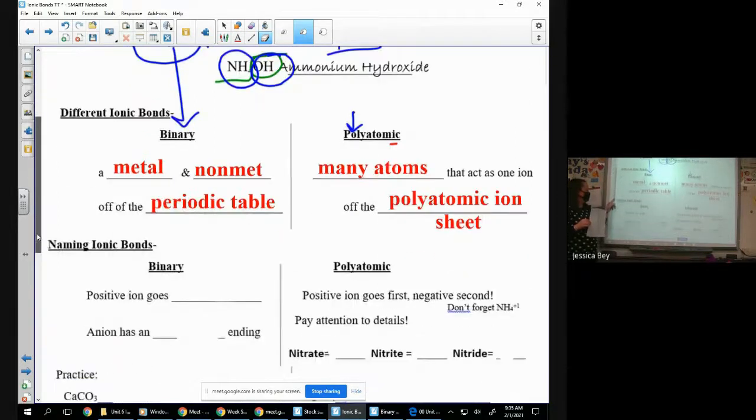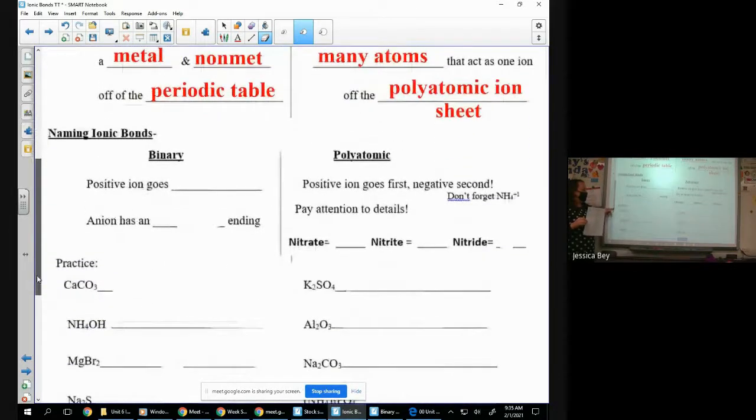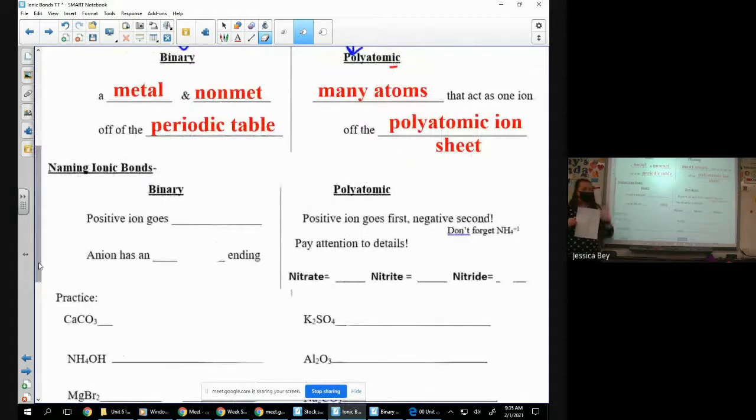Perfect. Okay. Now, we're going to compare these two very quickly, and then we're going to be all right. When you are naming an ionic bond, like we just did, this is repetition, but that's okay. The positive ion goes first. So that means your metal goes first. And your anion has an IDE ending. So when you're doing binary, positive goes first.